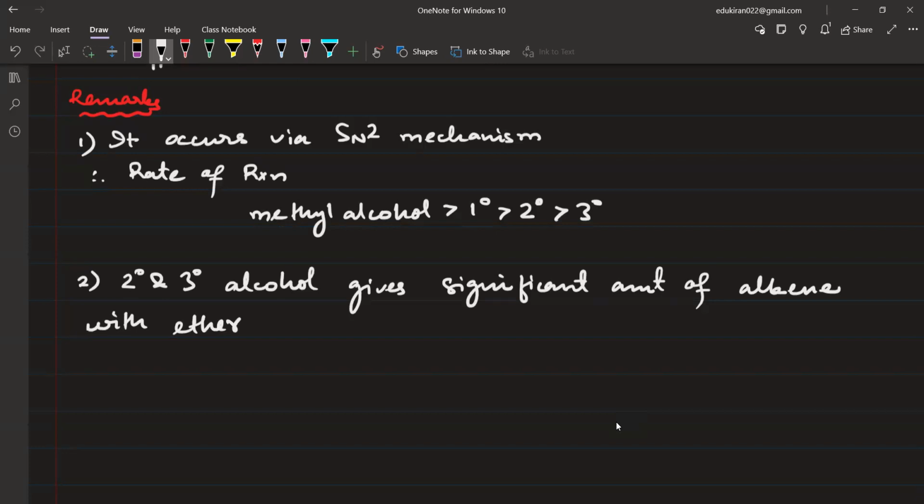You will get ether, but you'll also get a significant amount of alkene. So if you want only ether, then you should not use a 2 degree or 3 degree alcohol. Write: as they are the 2 degree and 3 degree alcohol, they are more hindered.